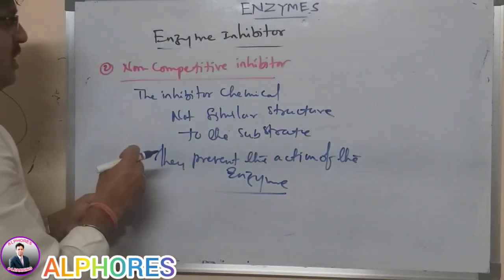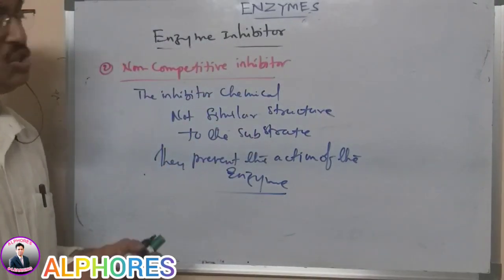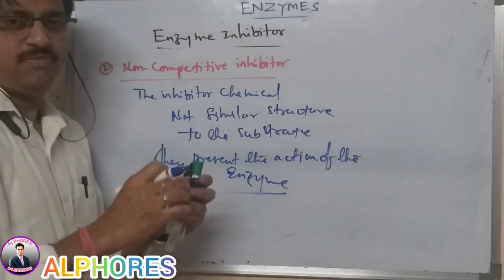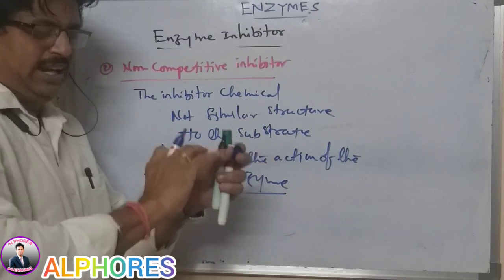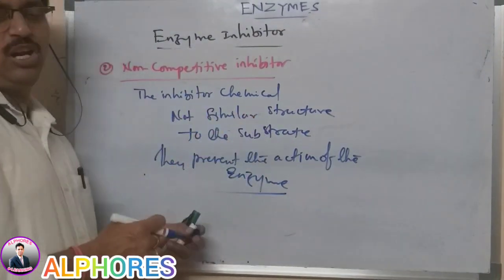Because we already know very well that enzymes alter: once the substrate molecule is fixed there, there are little changes in their structure also, to tightly fix the substrate molecule.